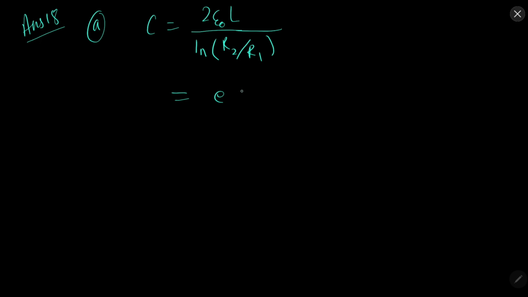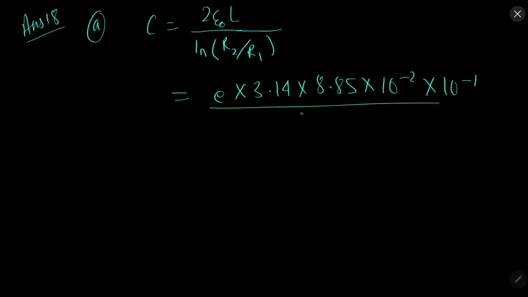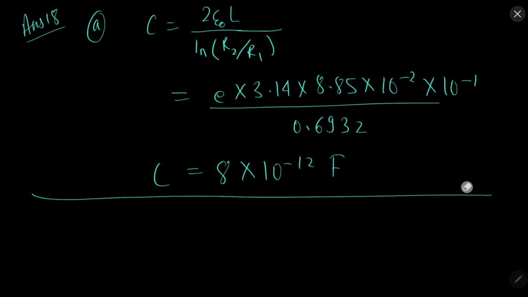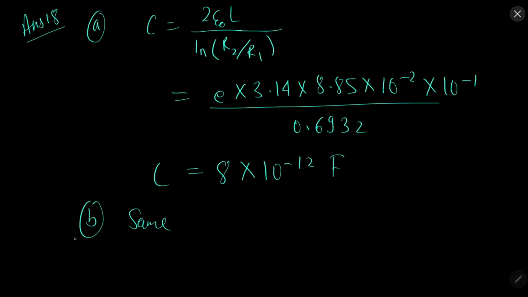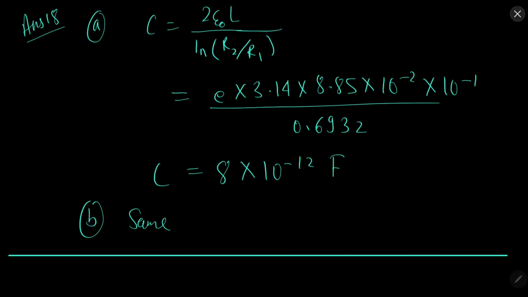So 2 into 3.14 into 8.85 into 10 to the power minus 12 into 10 to the power minus 1, and log 2 is 0.6932. So C will come out to be 8 into 10 to the power minus 12 farad approximately. And B part, it will remain the same because R2 by R1 will be the same.